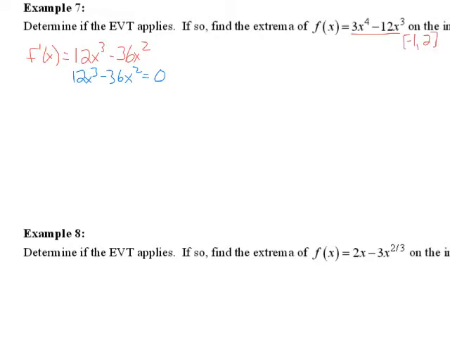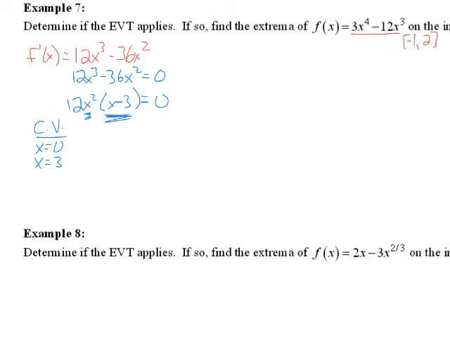And if we factor that out, we get 12x squared times x minus 3 is equal to 0. This gives us critical values of x equals 0 and x equals 3 using the zero product property.